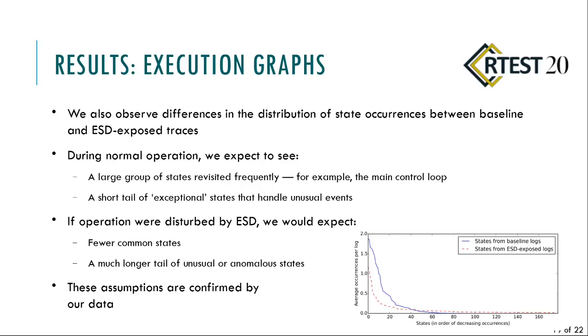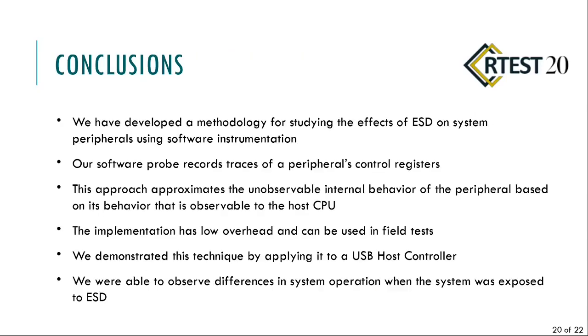The red dashed line shows the distribution from our ESD-exposed traces, and again this shows a decrease in those very common states and a very long tail of unusual or anomalous states. We actually cut this graph off. It goes on about twice as long as it does, that little red line, but it doesn't fit on the slide that way. So again, we see some significant differences in behavior between our baseline traces and our ESD-exposed traces.